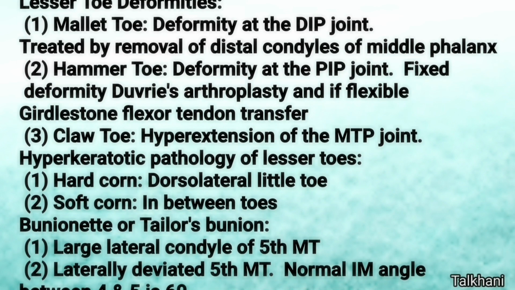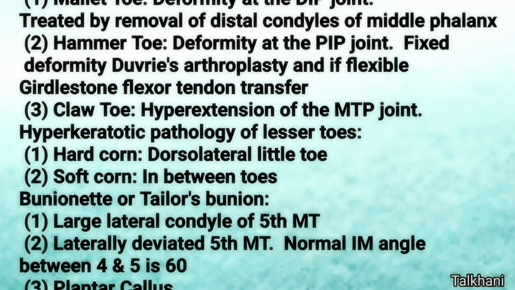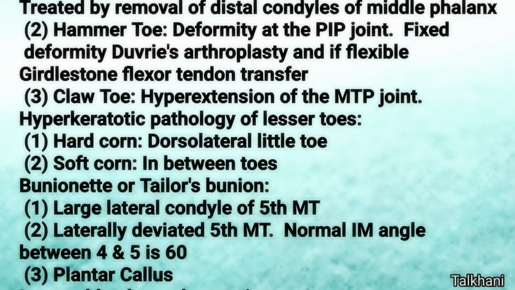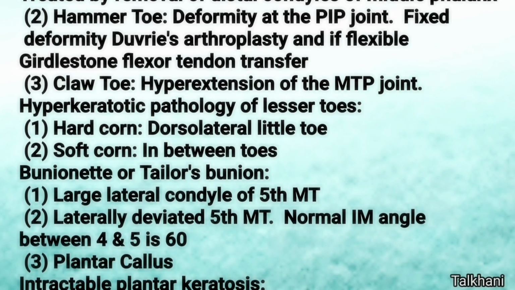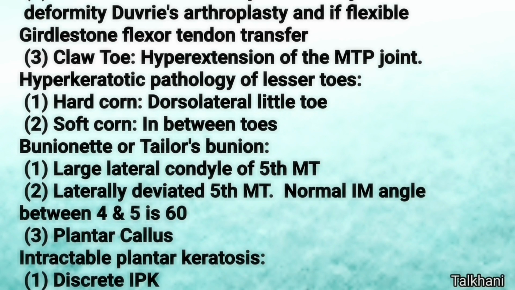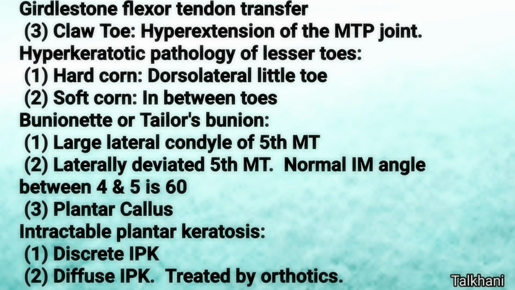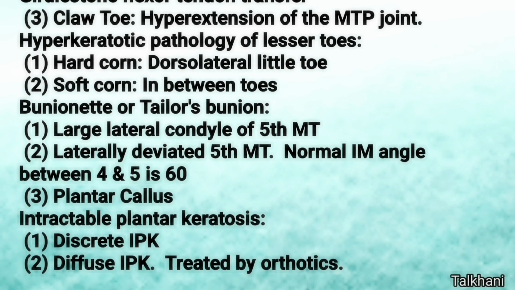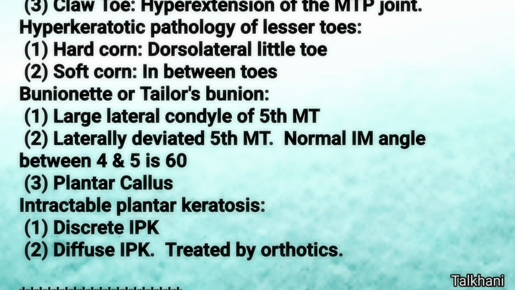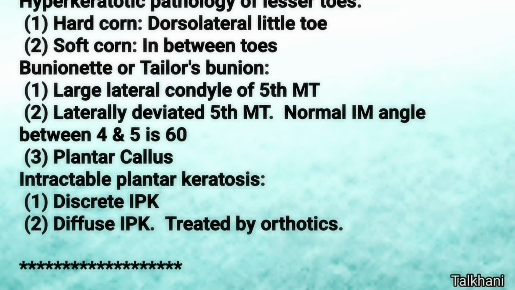Hyperkeratotic disorders of lesser toes are either hard cone, which has callosity over the dorsolateral aspect of little toe, or soft cone, where the callosity is in between the toes. Bunionette or Taylor's bunion can be due to large lateral condyle of fifth metatarsal or due to laterally deviated fifth metatarsal.